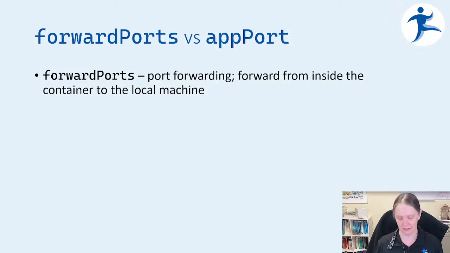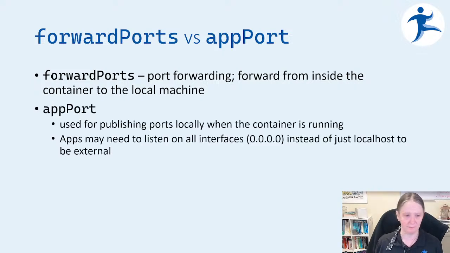In your syntax, you'll see the dash, I think it's -p, and it's the host port to the source port. Then there's app port. Now app port is used for publishing ports locally when the container is running. And you need to be able to list out all interfaces, sometimes, instead of just localhost, to be external. So we'll show a demo with Gatsby where I do have to listen on all interfaces in order to deal with hot reloading.